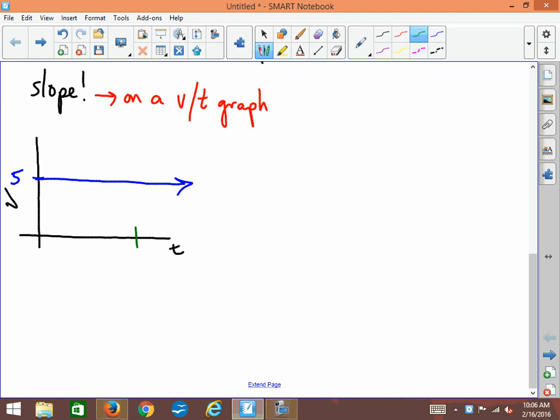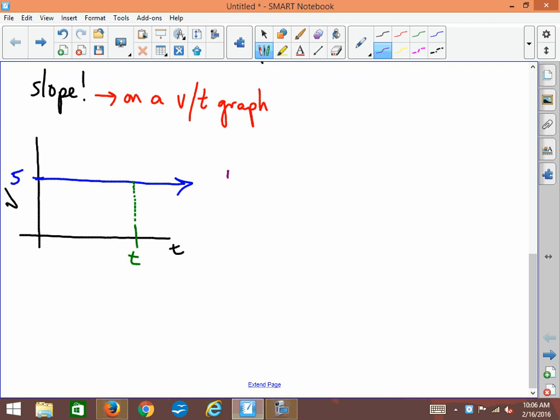Now, let's see what would happen if we picked a certain time. I'm going to pick it here and call this the time t. Let's say we wanted to know what the displacement of this object was at this particular time t.